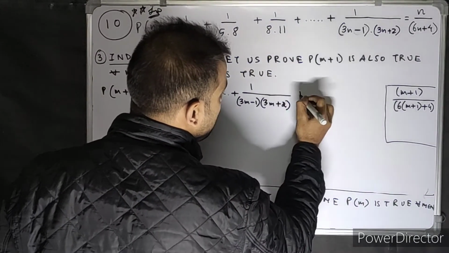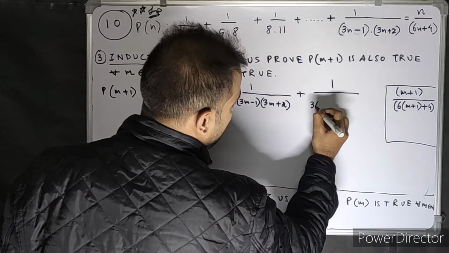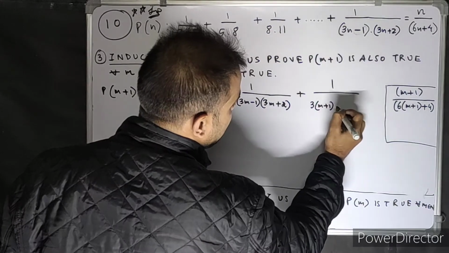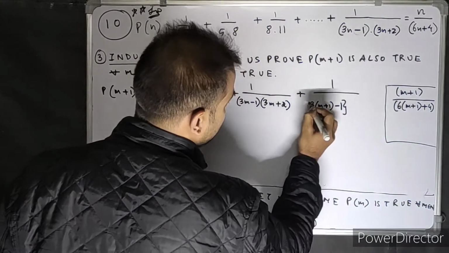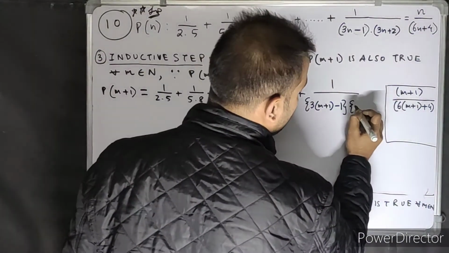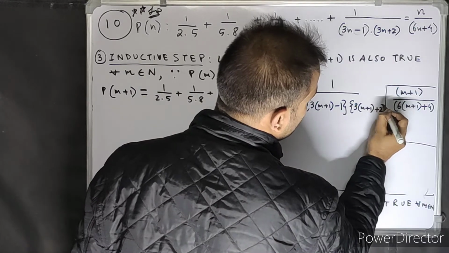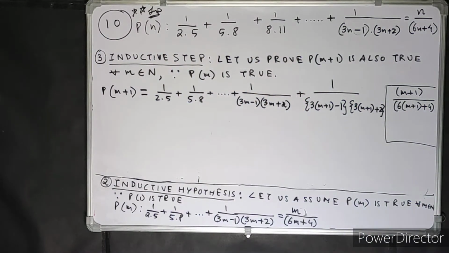Instead of m, you will write m plus 1 minus 1. This is the first part. And in the second part, you write 3 times (m plus 1) plus 2. This is your second part.